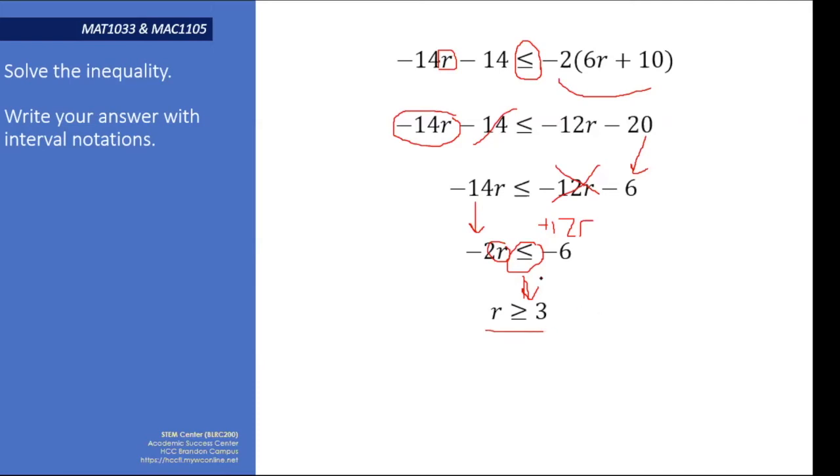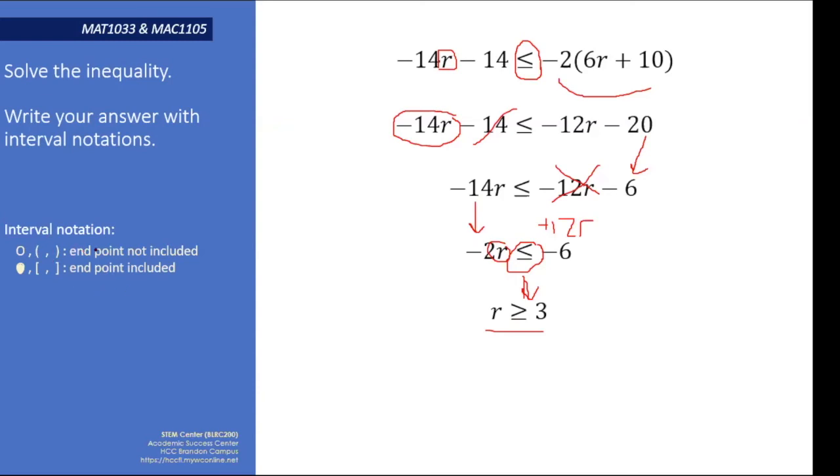That's correct. But you might be asked to write your answer differently, for example, graphing. So how can we do that? Well, for graphing, we just draw an arrow along a number line or a line segment to indicate the range of values that can give a correct answer.